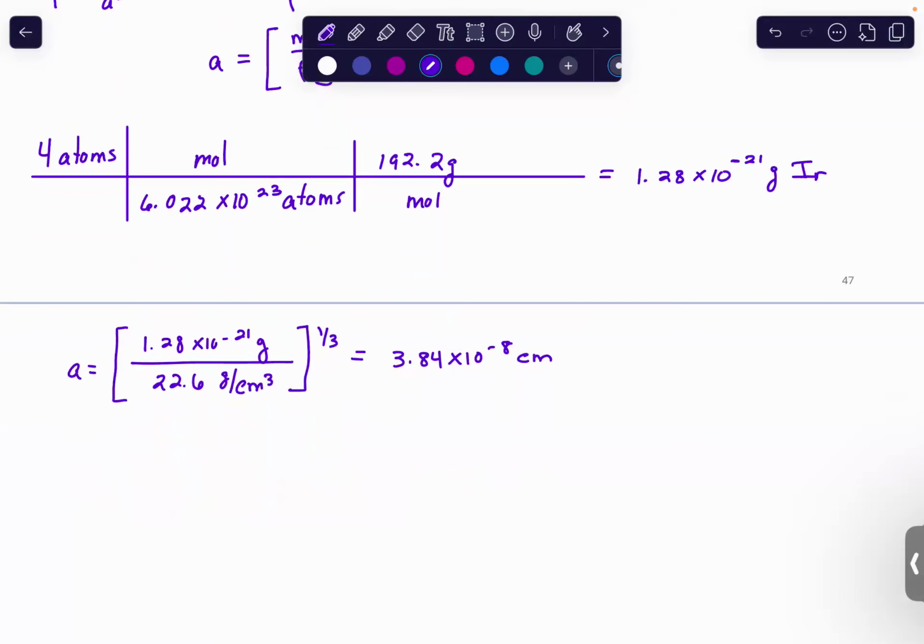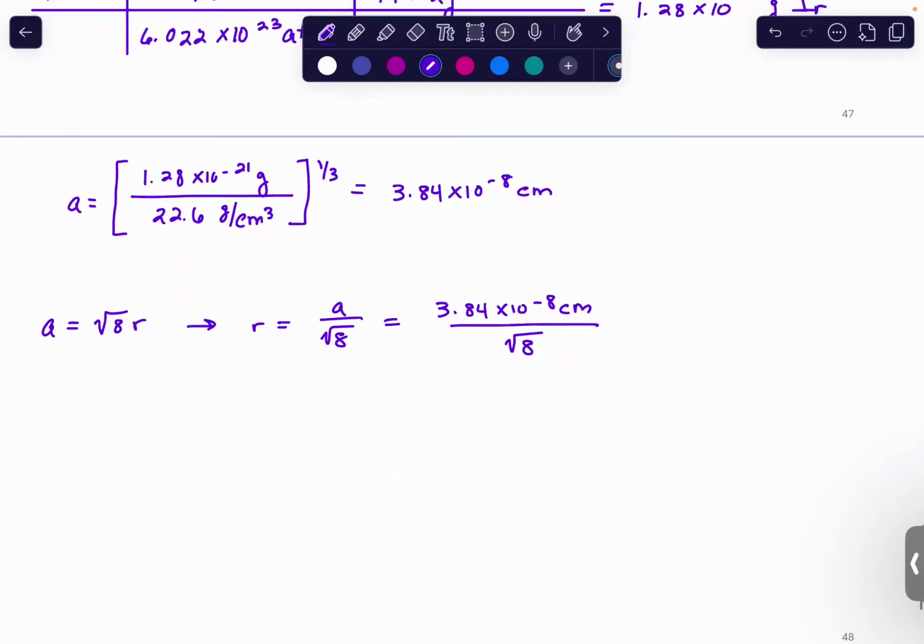And then we know that the relationship of the side to the radius is square root of 8 r. So r is going to be a over square root of 8. And what are all the ways we could write this? Well, r is going to be 1.36 times 10 to the negative 8th centimeters.